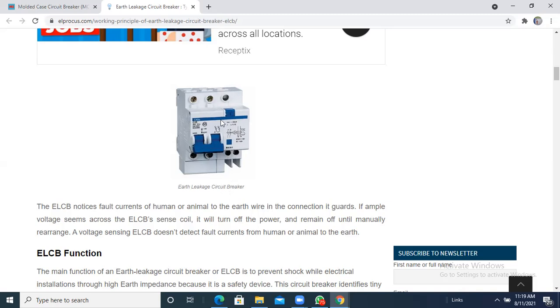An ELCB notices fault currents flowing from a human or animal to the earth wire in the connection it guards. If ample voltage appears across the ELCB sense coil, suppose there is a potential difference, it will turn off the power and remain off until manually reset.